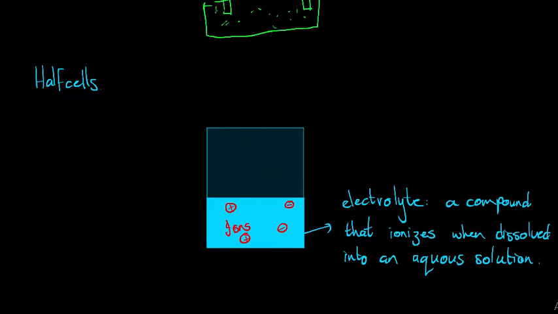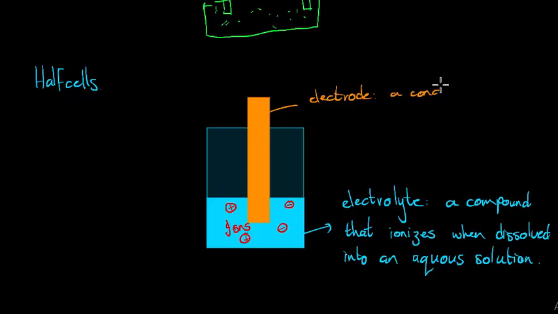Then in this solution I put another object, a solid object. There's my solid object in the solution, and it sticks out, and this would be called my electrode.